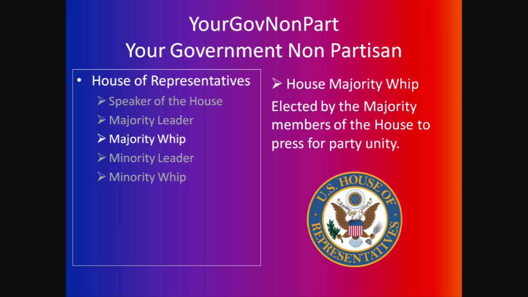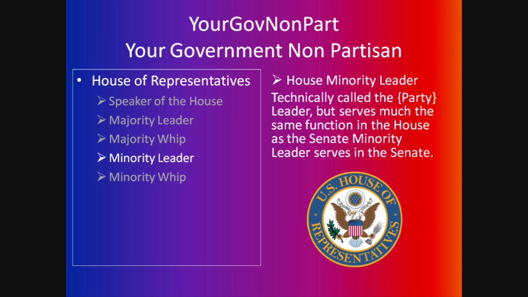His assistant, the Majority Whip, generally again called the Democratic Whip or the Republican Party Whip, is responsible for trying to maintain party unity, to influence the members of his party to vote along party lines in order to press a particular agenda. He cannot, however, compel them to, because it is often necessary for members to break with the party in order to maintain their constituency.